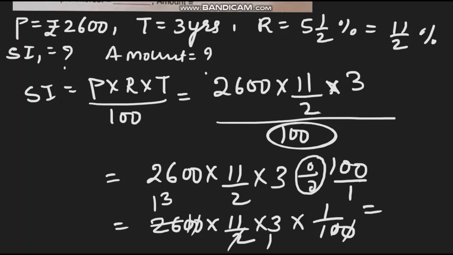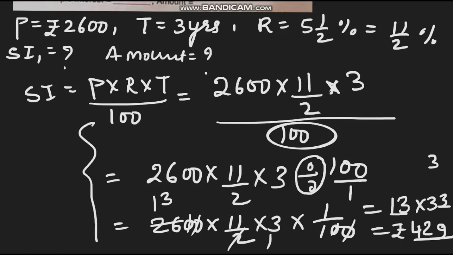That means we are left with 13 into 33. Now see, 13 3s are 39, so 9, 3, and 13 3s are 39 and 3, 42. So the simple interest here is 429. SI is equal to rupees 429.